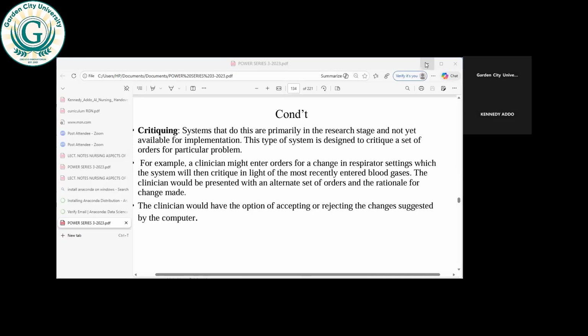If the patient's vital signs indicate sepsis risk, then you can prompt the nurse to follow the sepsis protocol. If lab results show abnormal values, then the system can suggest review of medication dosages. So these are clear use cases of a critiquing system.